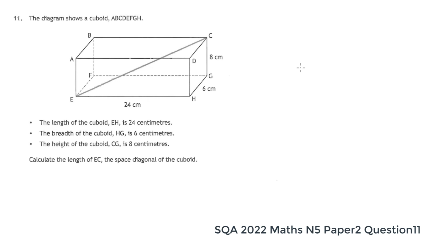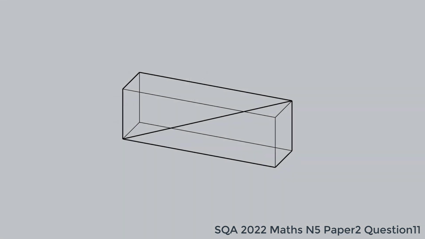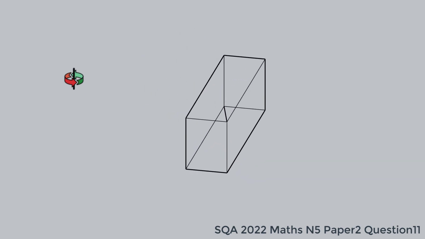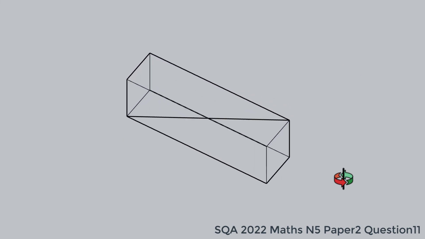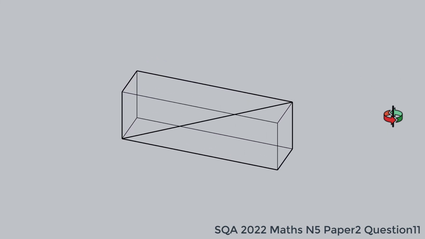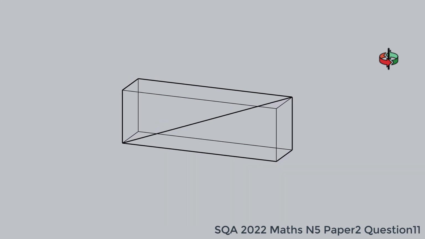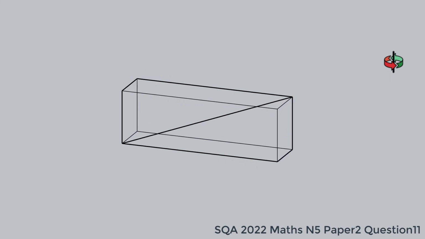So let's first of all get a feel for the 3-dimensional nature of this solid. So here we have the cuboid. Let's move this cuboid around so that you can get a feel for it. So a space diagonal going from one vertex to the opposite vertex through the middle of the cuboid.